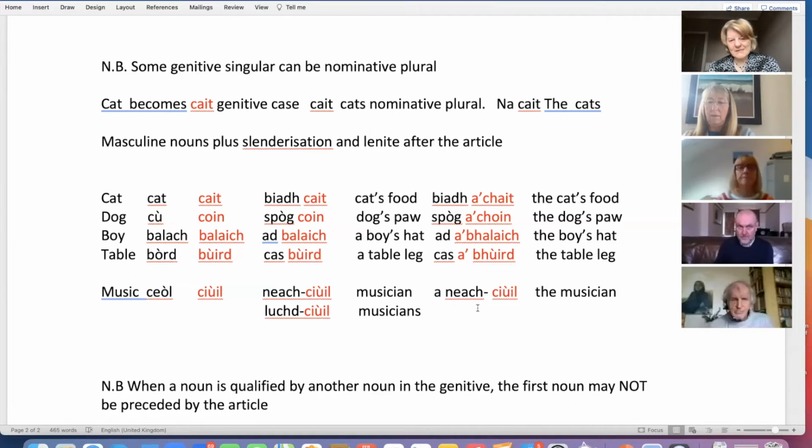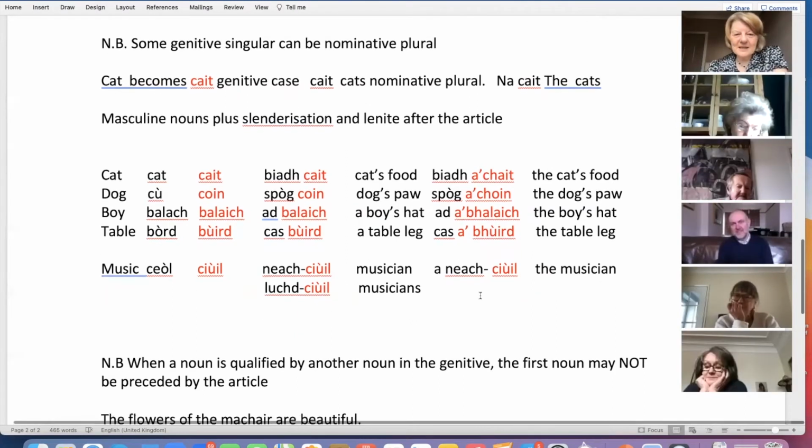It's not got an apostrophe, because it's made into a compound word. If you see them with hyphens, that's made it into one word, musician. When you see it with an apostrophe, you can't split it. So neach-ciùil is the person of music, and that's got the hyphen in it, and that's made it a compound word. So it's one word, musician.